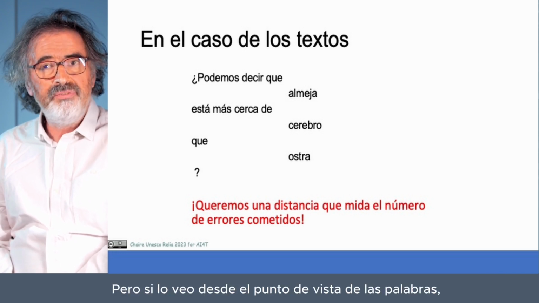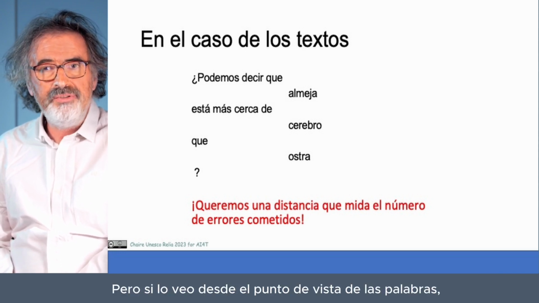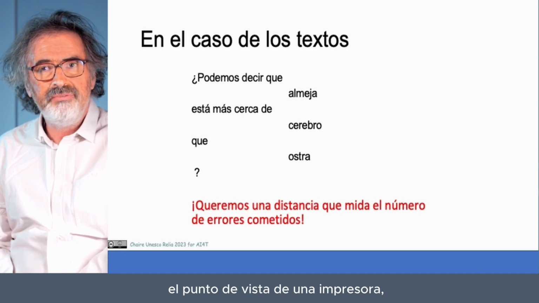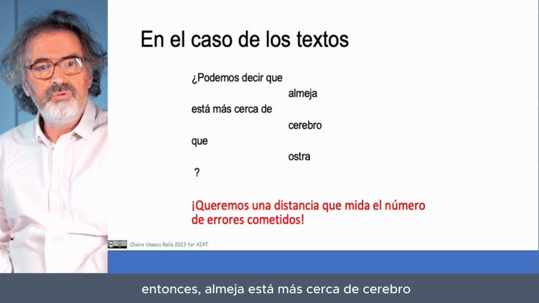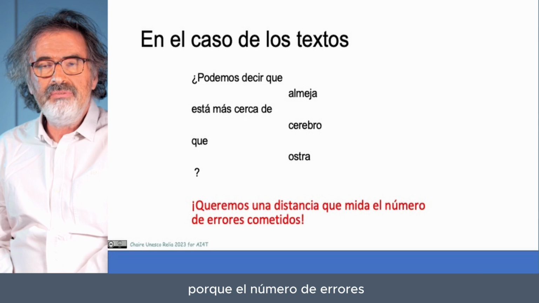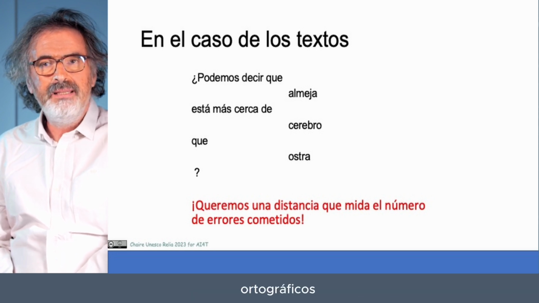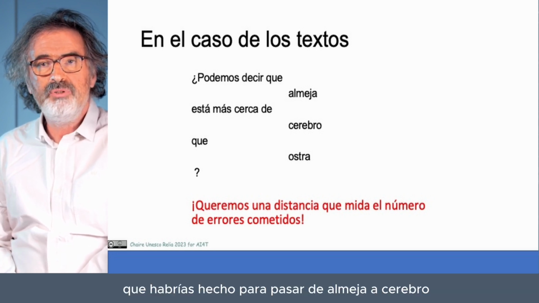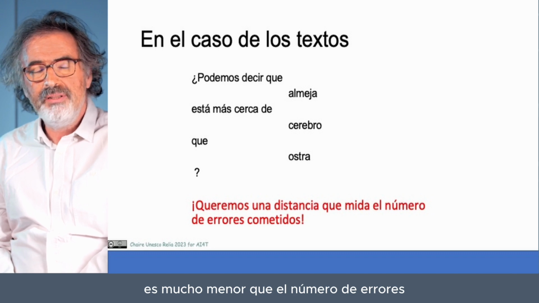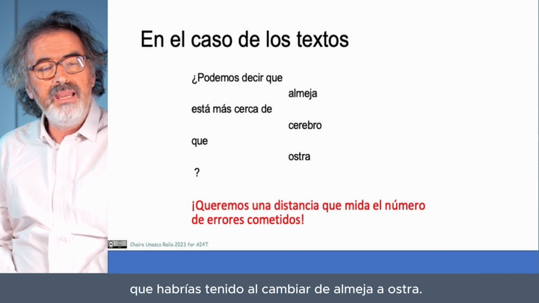But if I look at it from the point of view of words, the point of view a printer may have, then clam is closer to brain because the number of errors, misspellings, that you would have made to go from clam to brain is much smaller than the number of errors you would have made to go from clam to oyster.